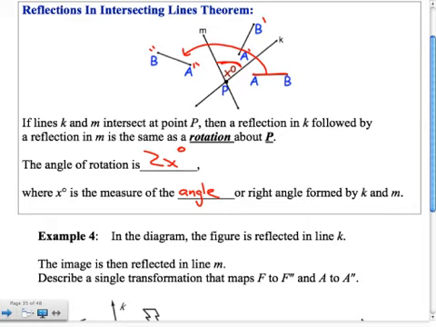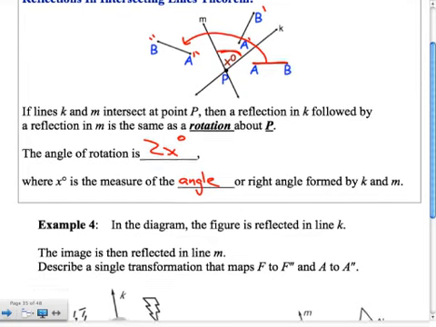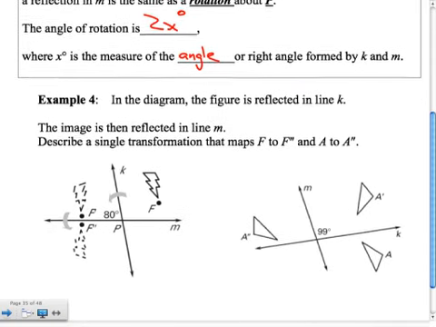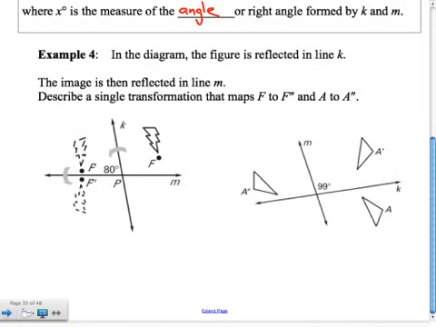So again, if you're reflecting over intersecting lines twice, you can just find the angle in the middle, double it, and it's the same as a rotation by that angle measure. So for instance, it says, in the diagram, the figure is reflected in line K, and then it's reflected in line M. Describe a single transformation that maps F to F double prime and A to A double prime.